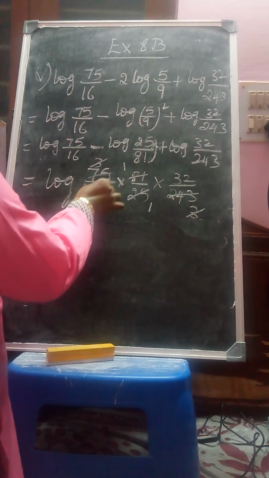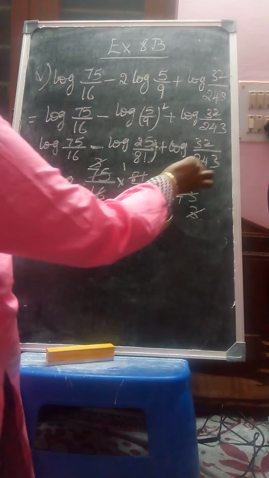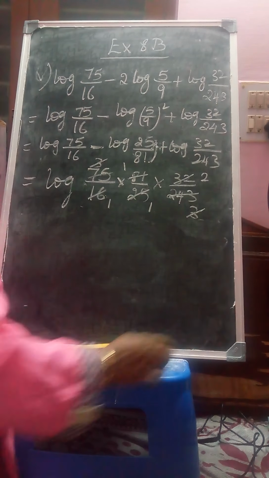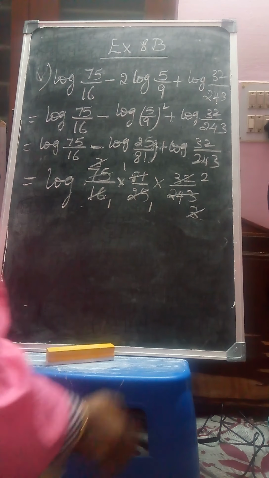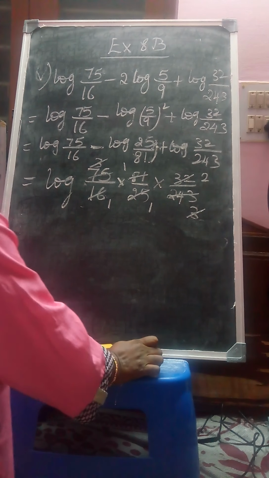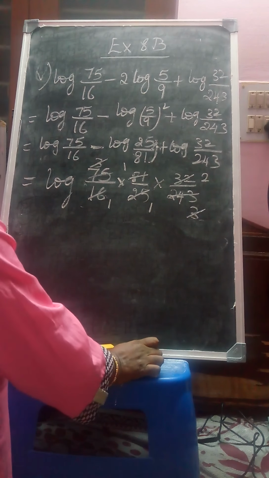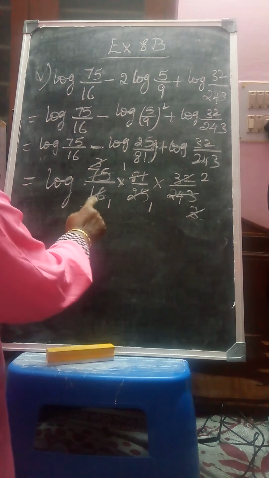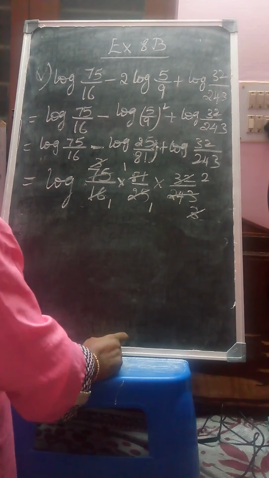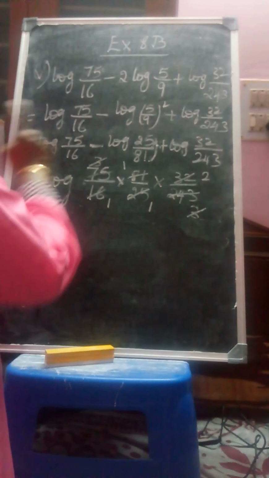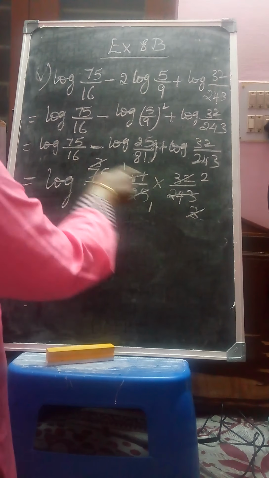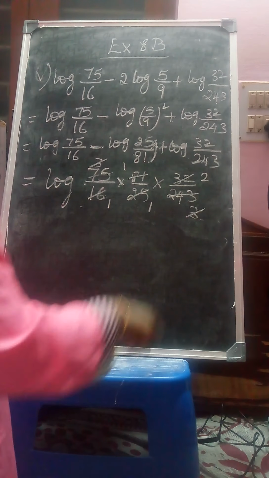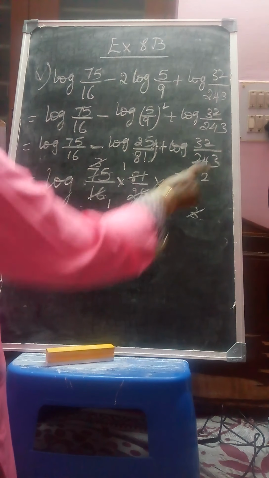Now 16 ones are 16, 16 twos are 32. You should know the bigger numbers because you are all in the higher classes. By now you should have learnt all these things. 81 into 3 is 243. 16 into 2 is 32. 25 into 3 is 75. Now this 3 and this 3 get cancelled. Now you are left with only 2.